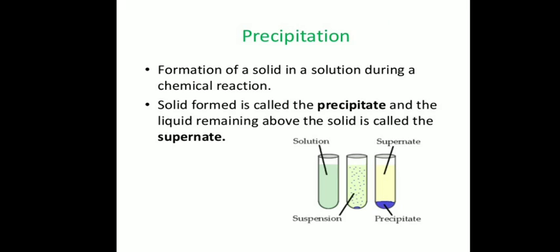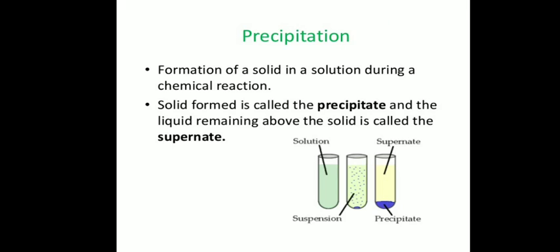In the process of precipitation, at the bottom of the solution, the solid gets gathered due to various chemical reactions, and the solids formed at the bottom are known as the precipitate, and the liquid remaining above the solid is called your supernatant. In this process, we separate the solid particles from the liquid.